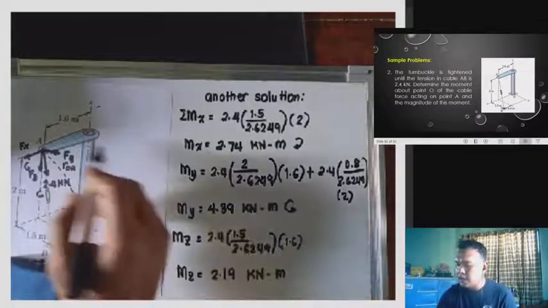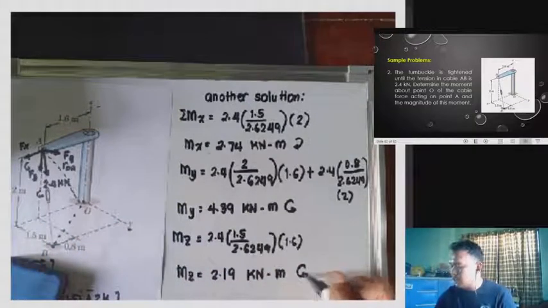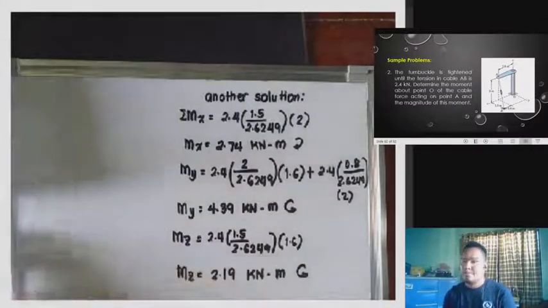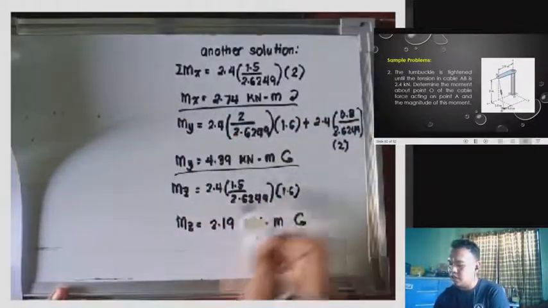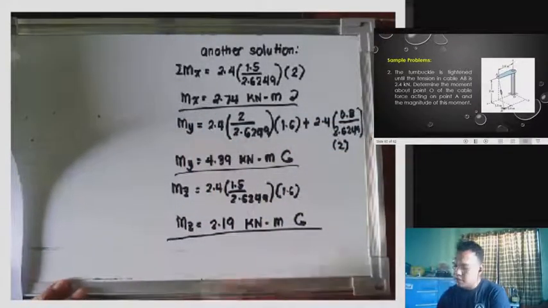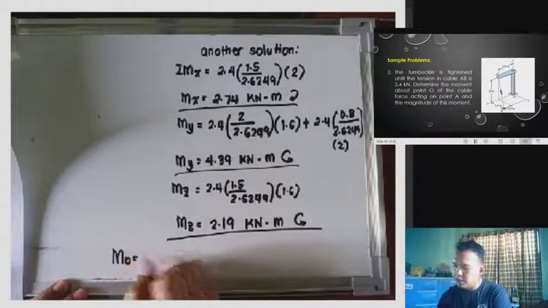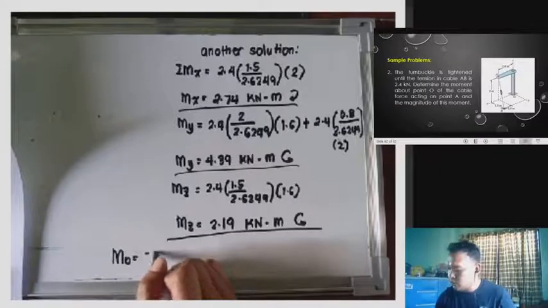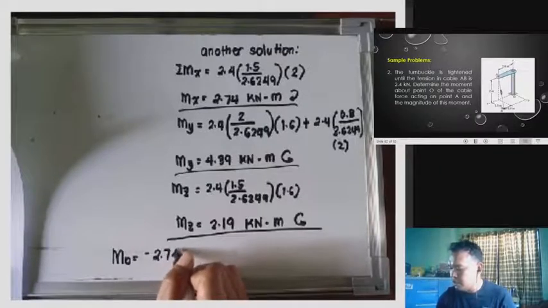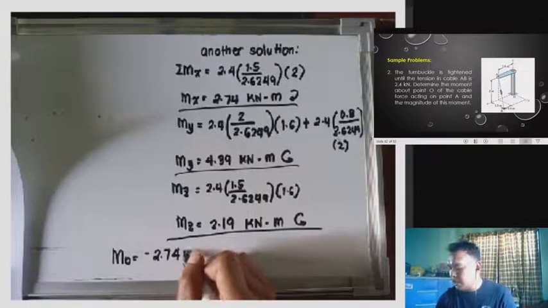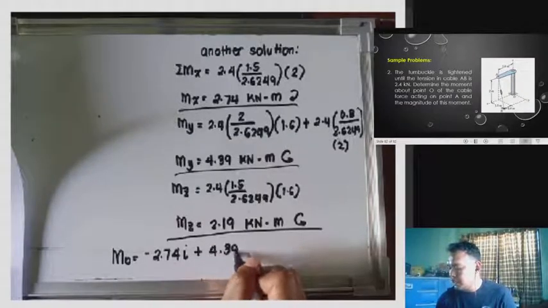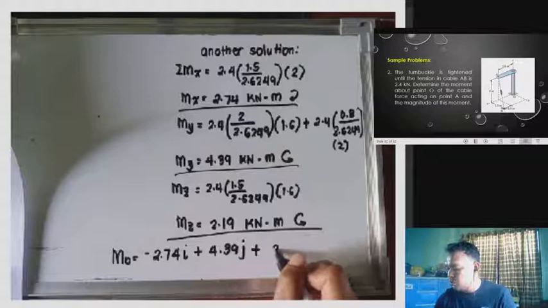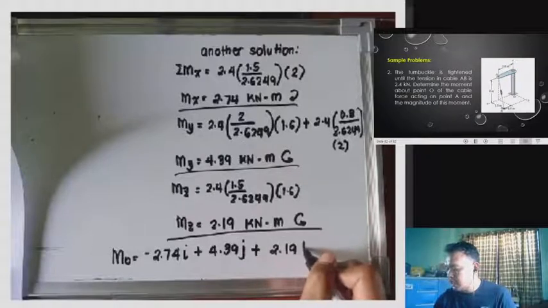Ang galaw po nun ay counterclockwise. Tama? Okay. So, ang value po natin is ito, at ito. So, to get the value of MO, we have here, since clockwise siya, negative 2.74. Since mx siya, meron tayong I plus 4.39 J plus 2.19 K.